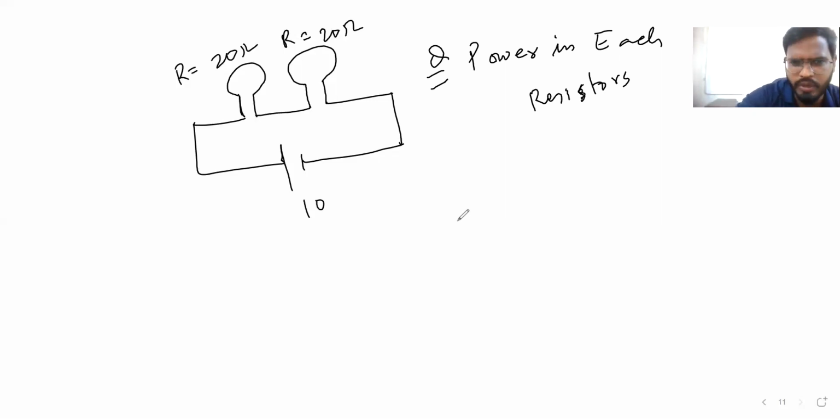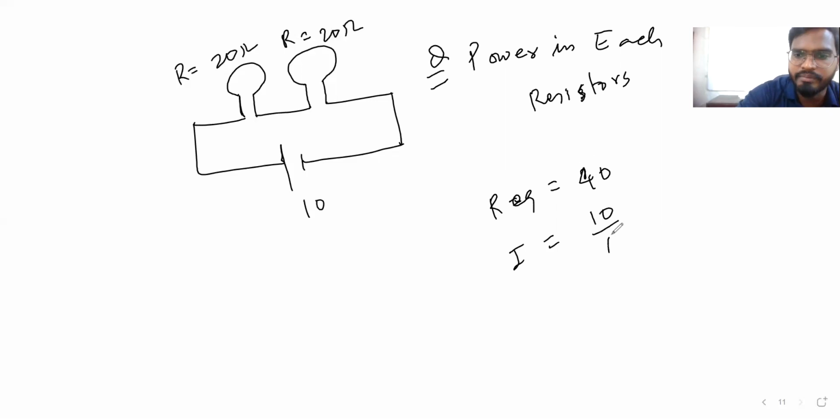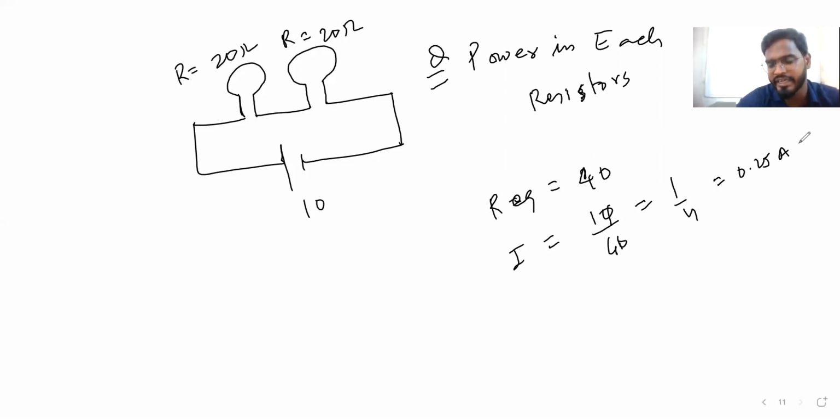Resistance we know, no problem. So let's find total resistance. R equivalent is equal to how much? 40, right? Now we can say I is equal to V by R. V is how much? 10 by 40. So 1 by 4 means 0.25 ampere is the current we got.